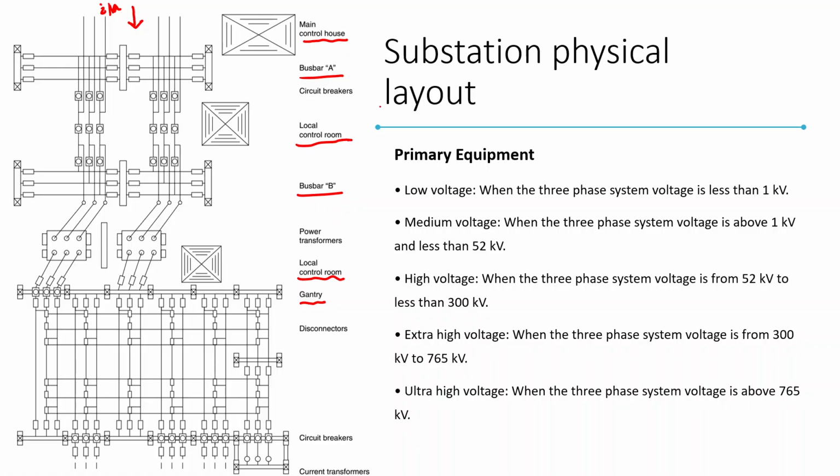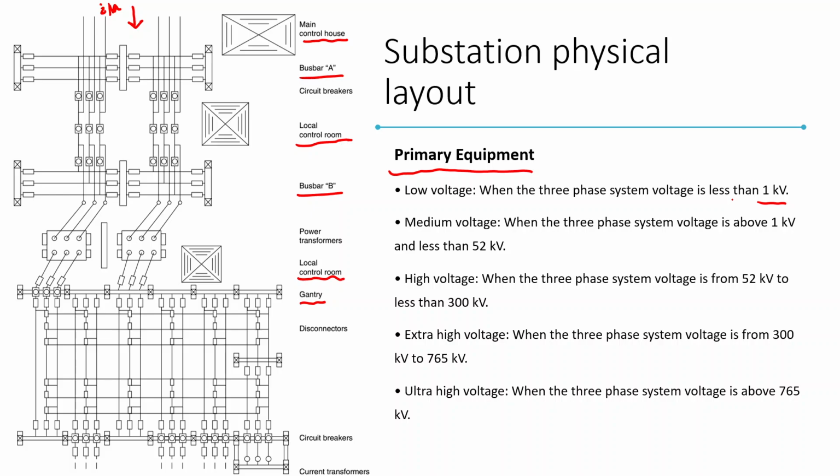To start with, you have this substation layout, and you can identify different equipments in this substation, and we can categorize these equipments based on their importance, as well as the voltages that they are connected to or working with, right? So we have the primary equipments in the substation which are connected to different voltage levels. If it is connected to a voltage level less than 1 kV, we call them low voltage equipment.